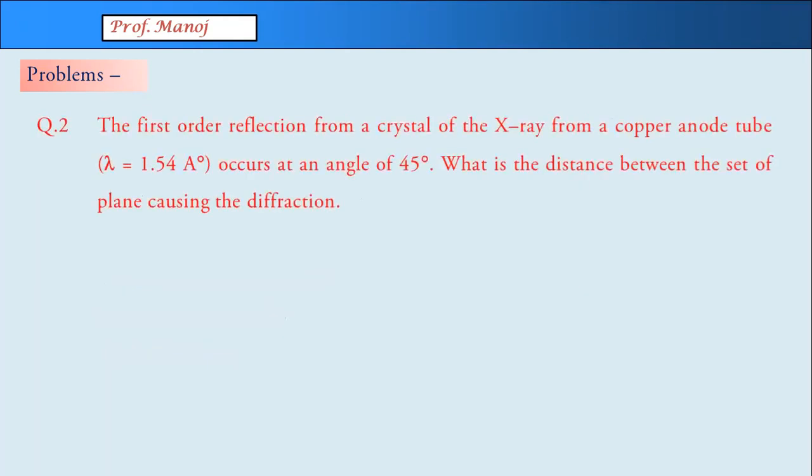सेकंड वन, first order reflection. The moment you see first order, इसका मतलब है n equal to 1. वेवलेंथ दिया हुआ है 1.54, एंगल दिया है, हम लोग को डिस्टेंस फाइंड करना है. हम लोग जो आपके पहले के बुक्स में, पहले के चैप्टर में करते थे ना, जिसमें हम लोग इंटरप्लेनर डिस्टेंस, इंटर एटॉमिक डिस्टेंस, रेडियस, एज लेंथ, वो सब मेजरमेंट ये प्रॉब्लम में से आता है. इससे हम लोग फाइंड करते हैं कि वो सिंपल क्यूबिक है, बॉडी सेंटर्ड है, ये सब डिस्कवरीज ये प्रॉब्लम की वजह से हुआ है.